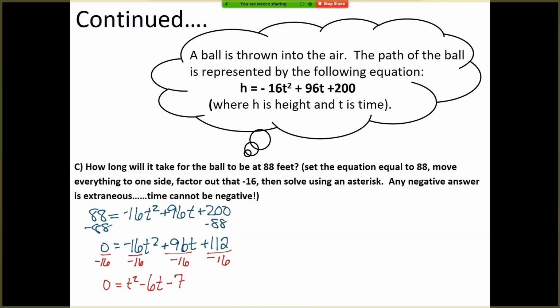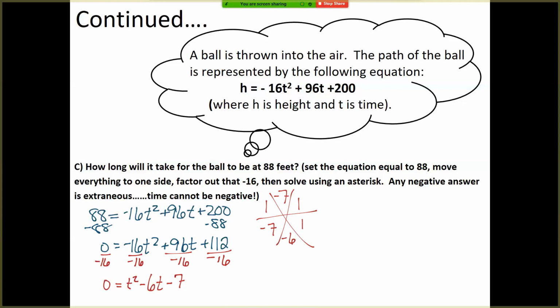In my asterisk, I have 1, 1, top left, top right, -6 in the bottom middle, and -7 in the top middle. Two numbers that multiply to give me -7, but add to give me -6: -7 and +1.